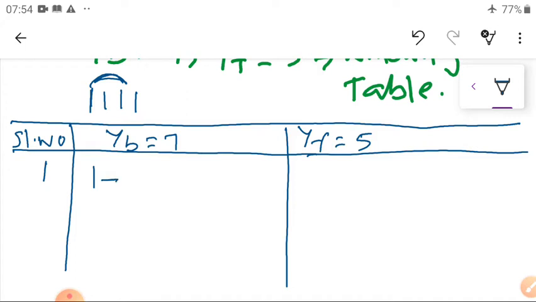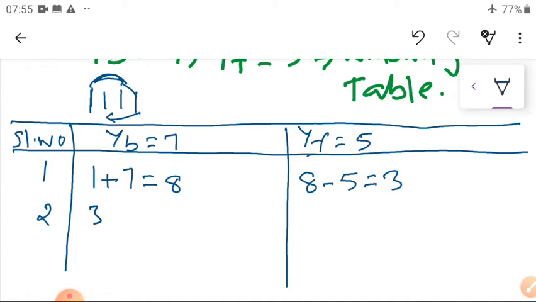1 plus 7, so you get 8. It should be connected to the 8th conductor. Now 8 should come back in this direction, so 8 minus 5 gives 3. Second, 3 plus 7 is equal to 10, and 10 minus 5 is equal to 5.